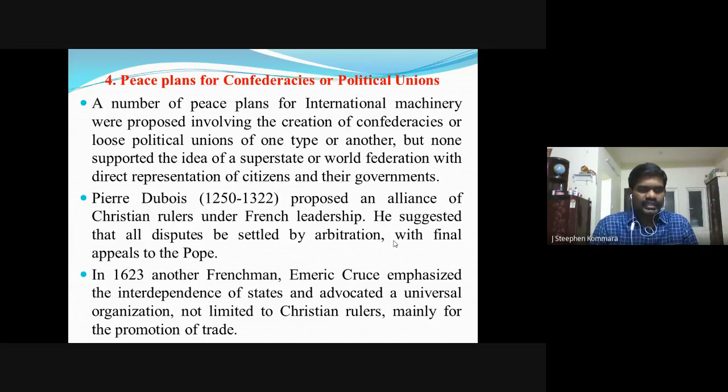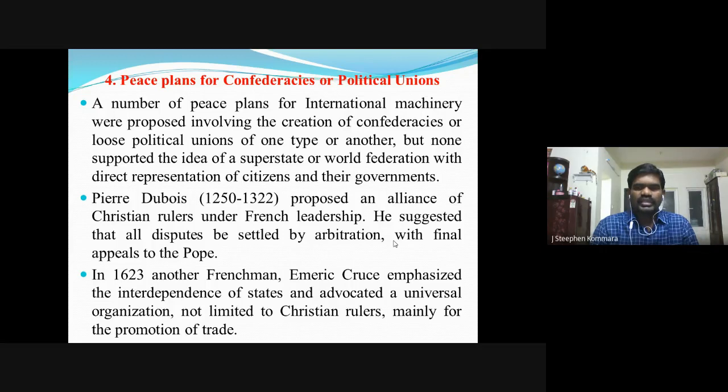Okay, and in 1623, another Frenchman, Americ Cruz, emphasized the interdependence of states and advocated a universal organization, not limited to Christian rulers, mainly for the promotion of trade. ఒక దేశం మరొక దేశంతో ఆధారపడి ఉండక తప్పని పరిస్థితి, and he advocated a universal organization.